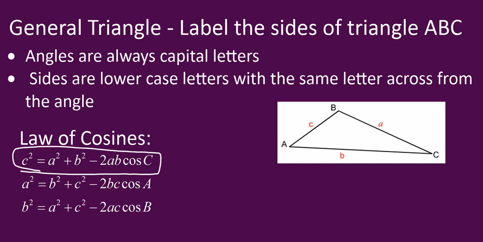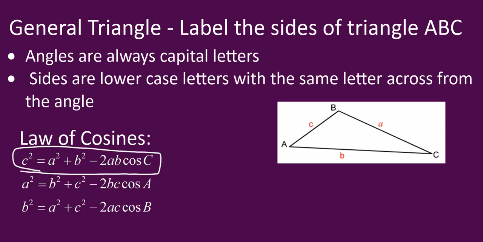As long as the angle is for the side we take the cosine of, we take the other two sides, square them, add them together, subtract 2 times them, and multiply by the cosine of the angle that is on the other side of the equal sign. It really doesn't matter what letter you use. It's just talking about a side opposite an angle, and that is what we're working with.